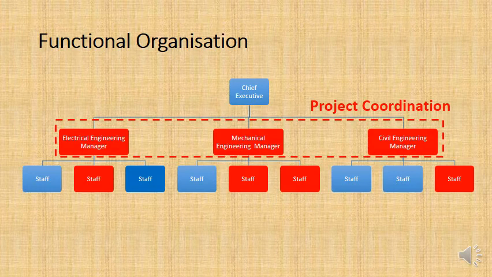The electrical engineering manager, mechanical and civil engineering managers. And then underneath them, they will select certain staff within their departments to work on the project too. They won't use all of the staff because some of the staff are working on other projects.